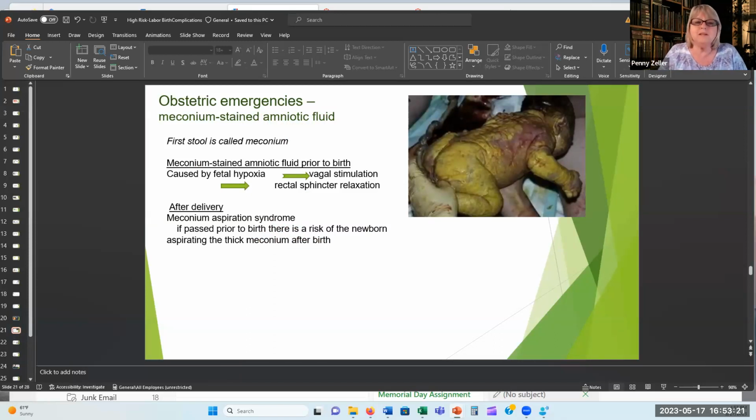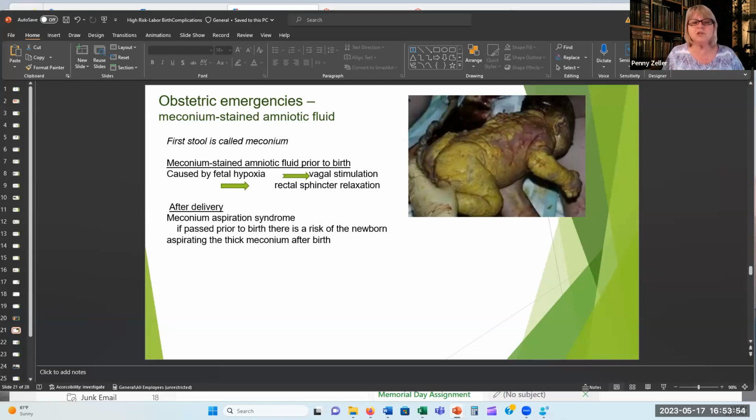Hypoxia leads to vagal stimulation, the vagus nerve, which reduces heart rate. That vagal stimulation also causes meconium to be released from the rectum. In other words, the baby poops in utero because of hypoxia, and so they're born with meconium all over them. Meconium is considered the very first bowel movement of a newborn.